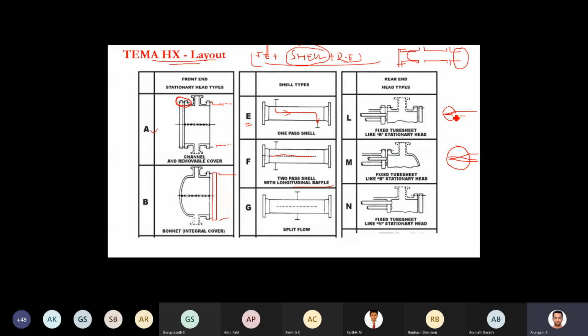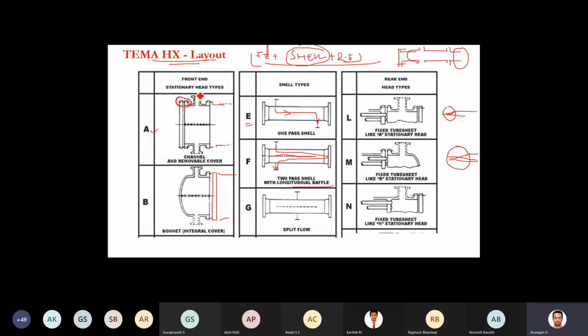It is also exposed to both shell side fluid and tube side fluid, so you have to provide suitable corrosion allowance. And if you make a groove over it to fix the longitudinal baffle to get two shell passes, your shell side fluid comes here and goes in two passes.